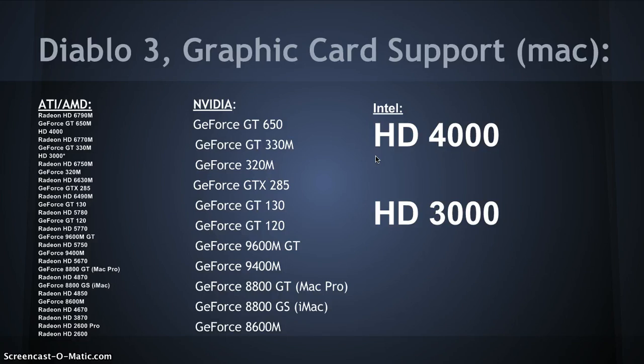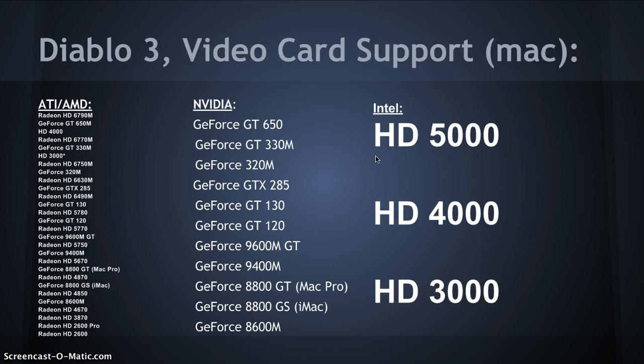For NVIDIA, GeForce GT 650, GeForce GT 330M, and so on, and GeForce 8800 GT on Mac Pro would work. For Intel, you'd require HD 4000 or HD 3000. For video card support, it's exactly the same thing, except you have an addition of HD 5000 on Intel.